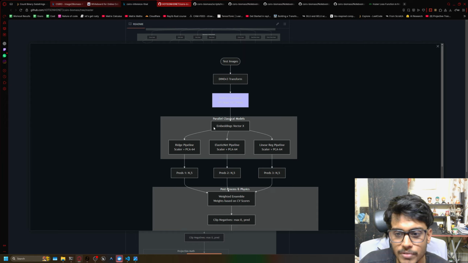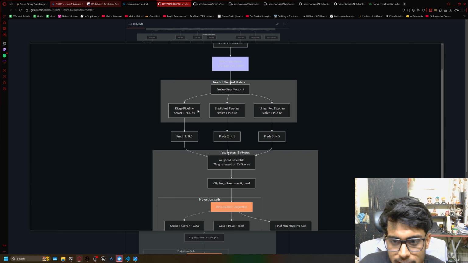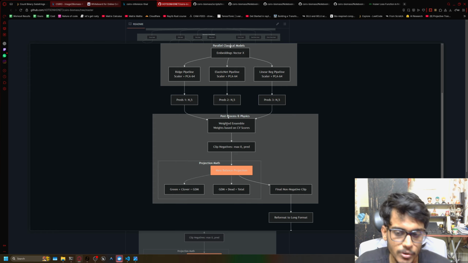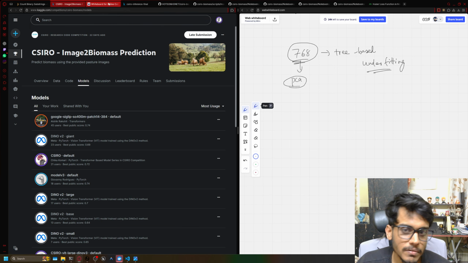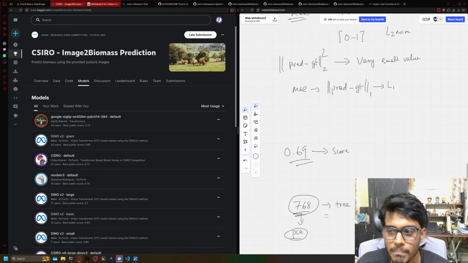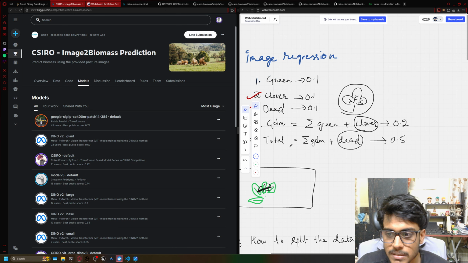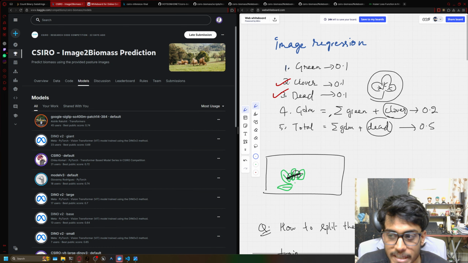From that vector I was training the ridge, elastic net, and linear models. Then I was ensembling them. During ensembling, the model predictions were becoming negative, so to prevent that, I was clipping the values. Now when I clip the values, they may not satisfy these constraints: GDM should be green plus clover, and total should be GDM plus dead.